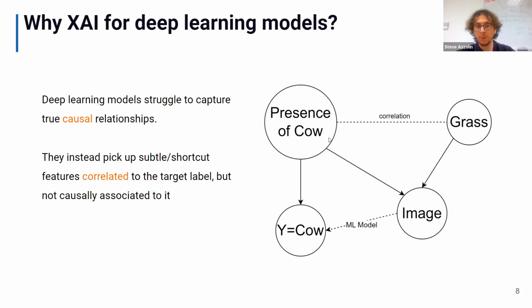And I think that we all agree that the final label, cow, is determined just by the presence of the cow in an image, and it's not causally related to the grass in a certain image. Consider then the correlation between the presence of the cow and the grass, because in our real world, I think that we all agree that there is a level of correlation between a picture depicting a cow and a green background, right?